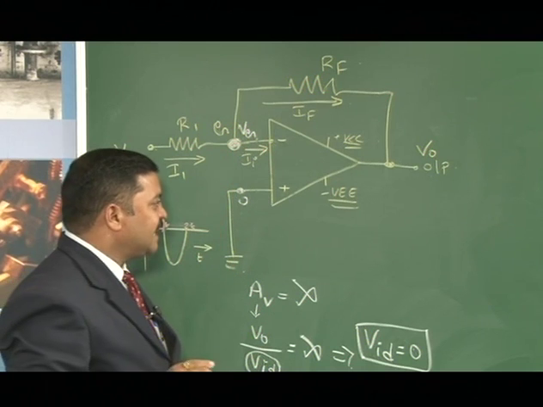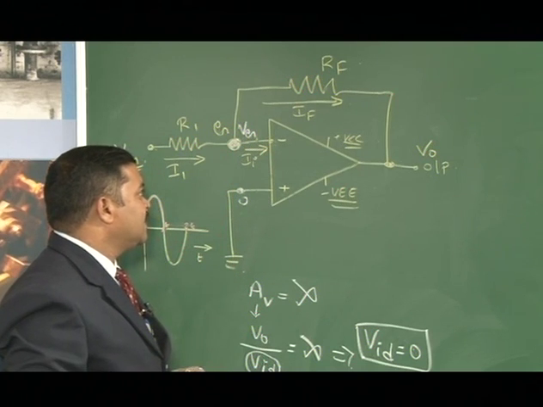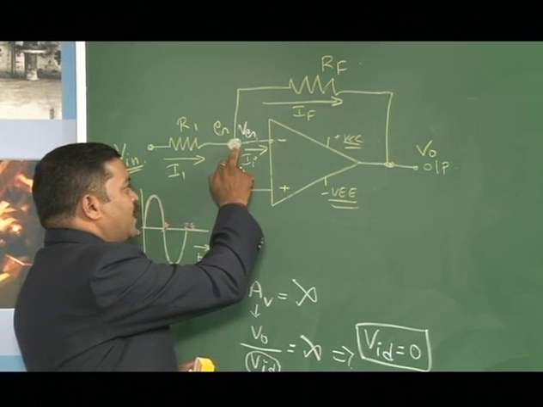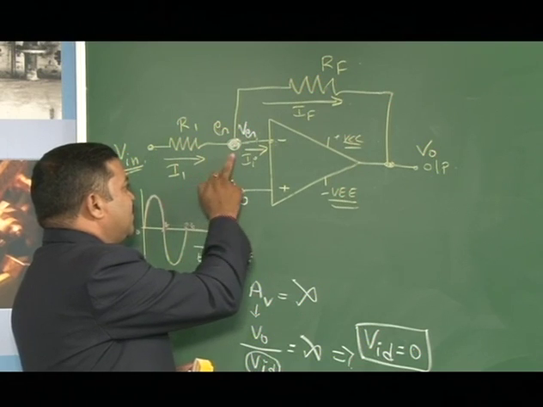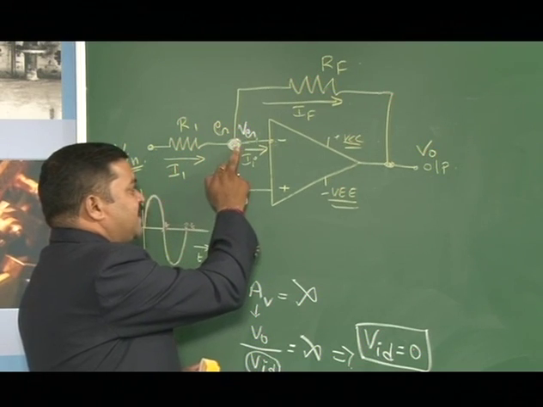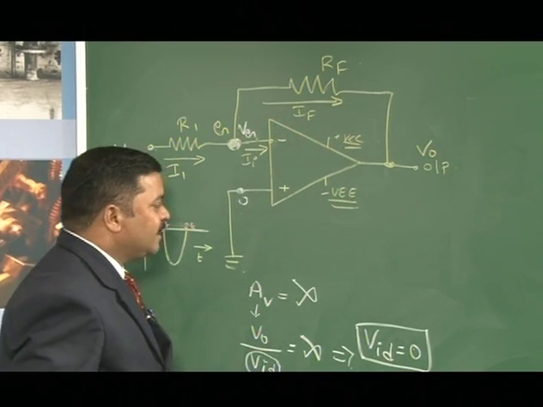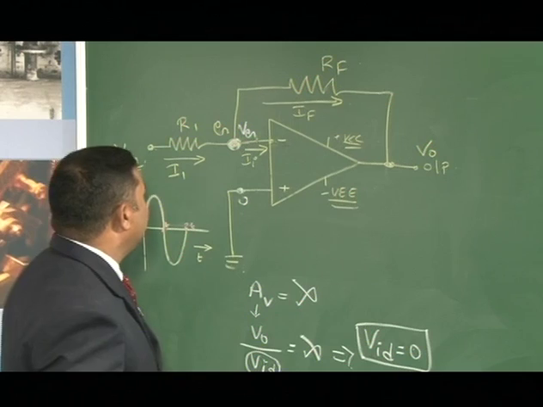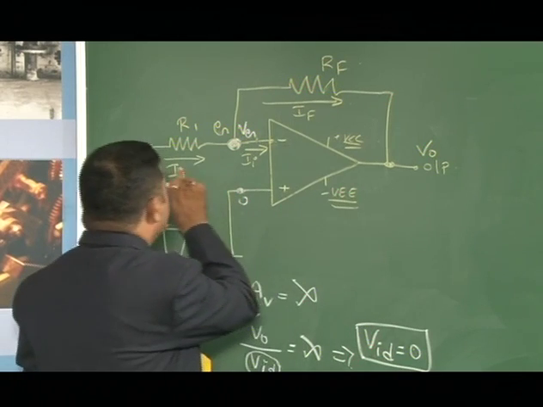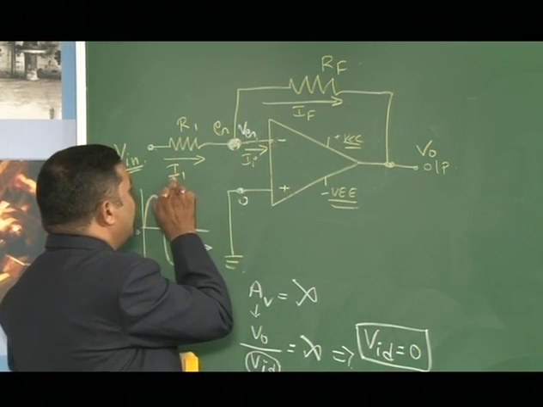What is Kirchhoff's current law? Kirchhoff's current law states that at a particular node, the sum of currents coming towards the node is equal to the sum of currents leaving the node, right. So, that is KCL. Applying KCL to the node G, the incoming current towards node G is I1.